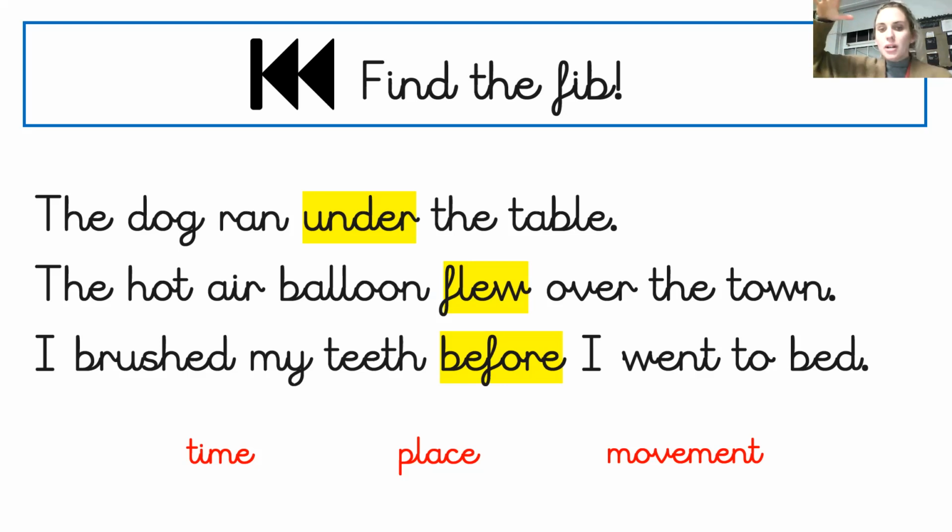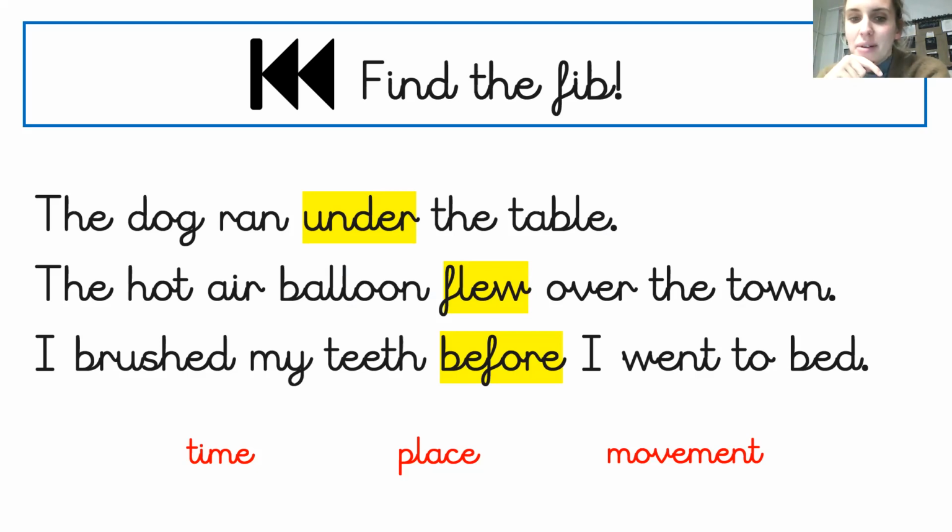Let's look at sentence number 2. The hot air balloon flew over the town. Here's my hot air balloon flying over my town. My highlighted word is flew. Is that a preposition? Flew is describing the action that is happening. The hot air balloon is flying. Flew is an action word, so flew is a verb.